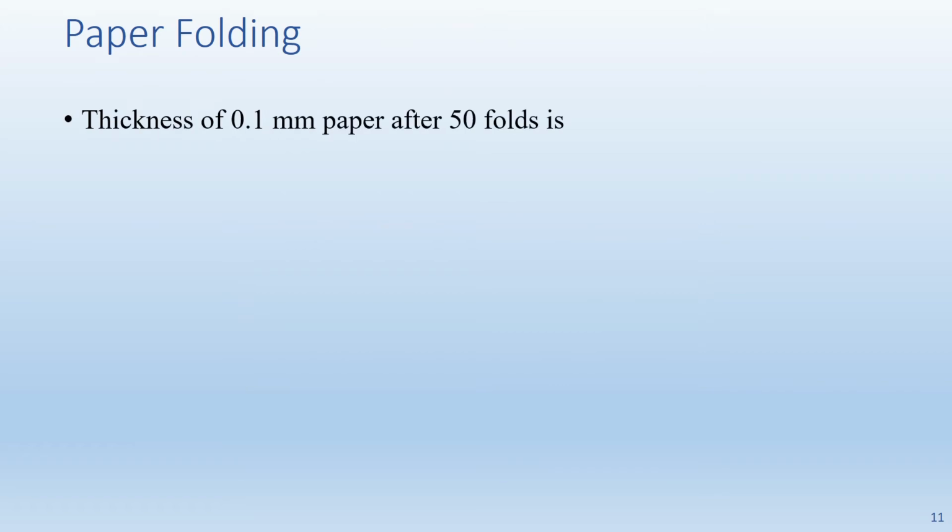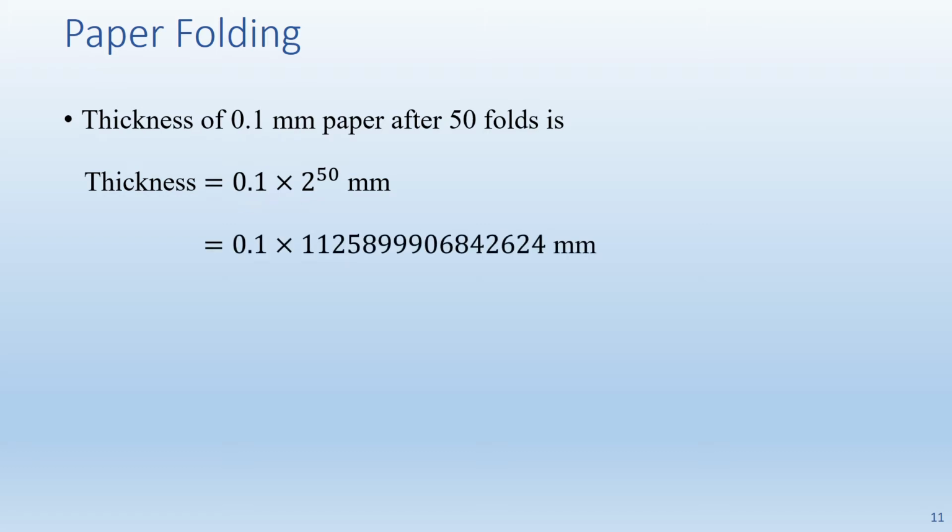Now we can work out how far our 0.1 millimeter thick paper will stretch out after 50 folds. We will have 2 to the power of 50 layers of paper, each 0.1 millimeter thick. So we multiply those two together to get the distance. Now 2 to the power of 50 is this enormous number over here, which when multiplied by 0.1 is still an enormous number.